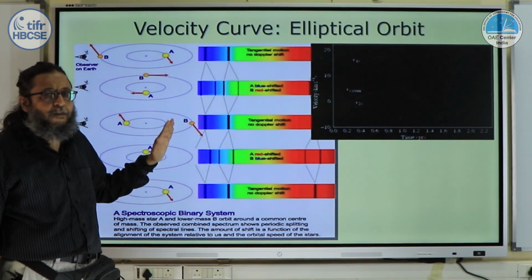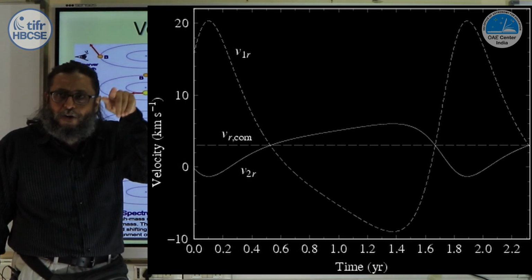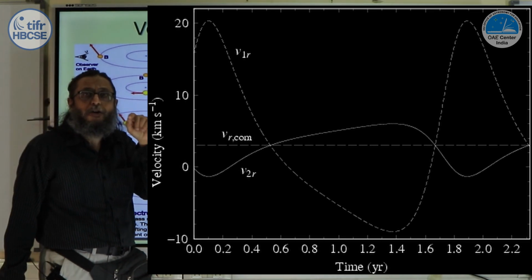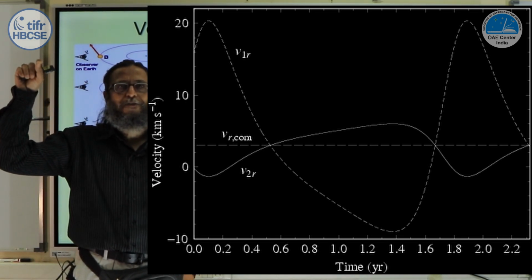Now, when we observe in reality, you see the velocity curve does not follow the very nice, beautiful sinusoidal curve.